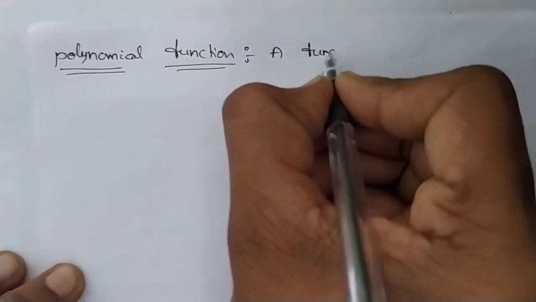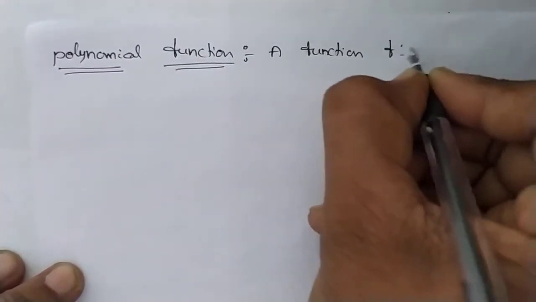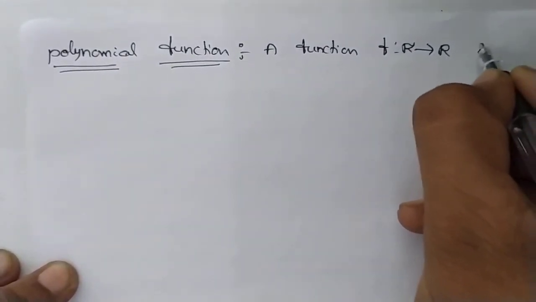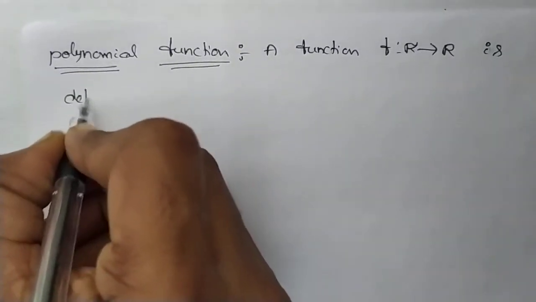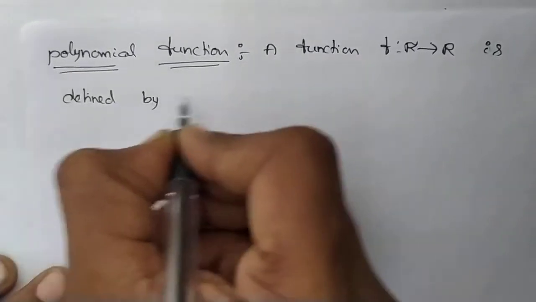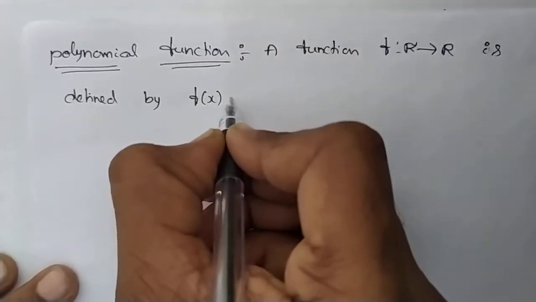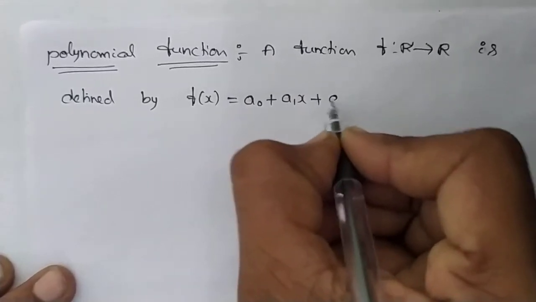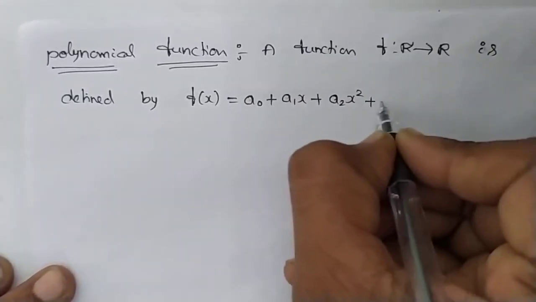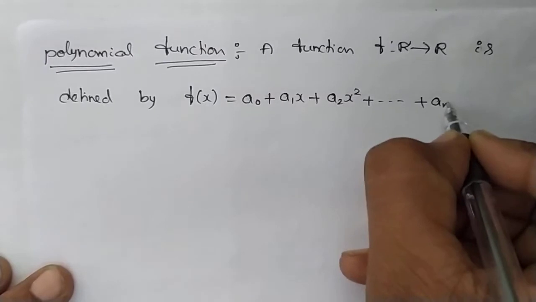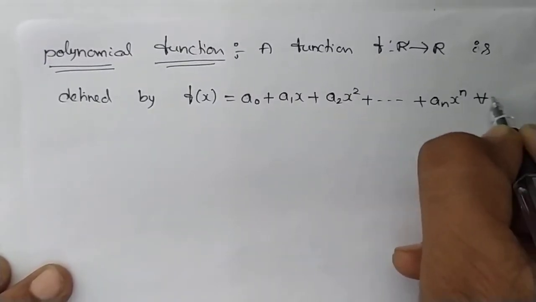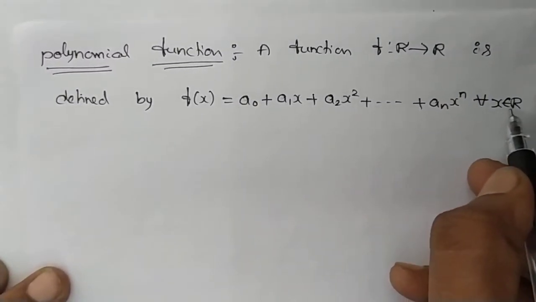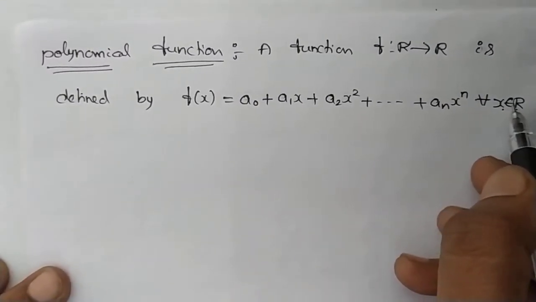A function f from R to R, that is, real numbers to real numbers, is defined by f of x equals a naught plus a1x plus a2x square plus and so on plus an x power n for all x belongs to R, where x must be a real number.